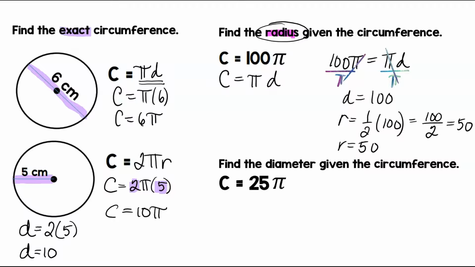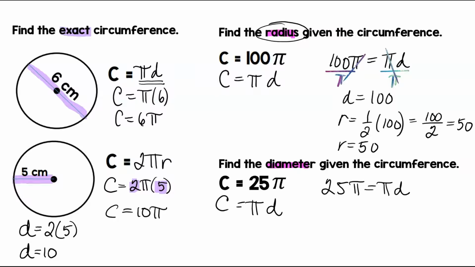Okay, the last one says to find the diameter given the circumference. So this one's going to be quick and easy because the formula already has the d in it. So if c is 25 pi and c is pi d, 25 pi is equal to pi d.